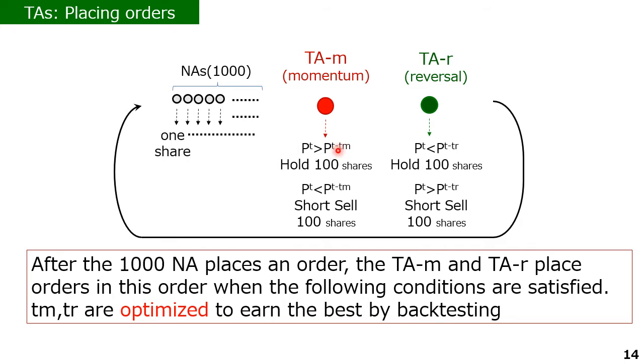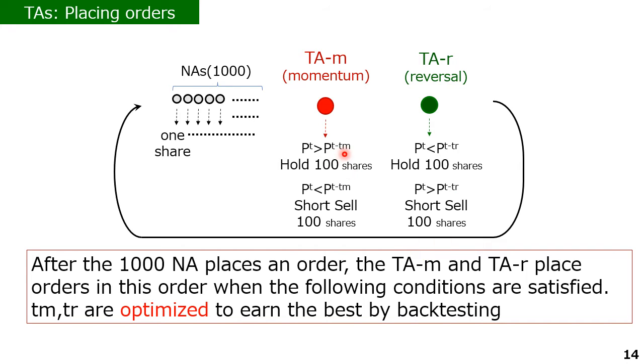This is a momentum strategy because the historical return is positive, so hold 100 shares. On the other hand, when the historical return is negative, TAM will short sell 100 shares. TAR is a reversal strategy: when the historical return is negative, buy and hold 100 shares. When the historical return is positive, short sell.